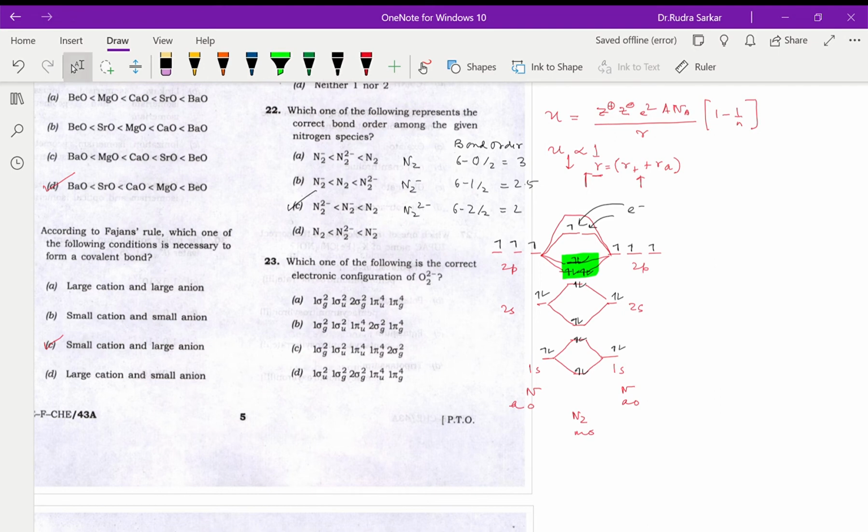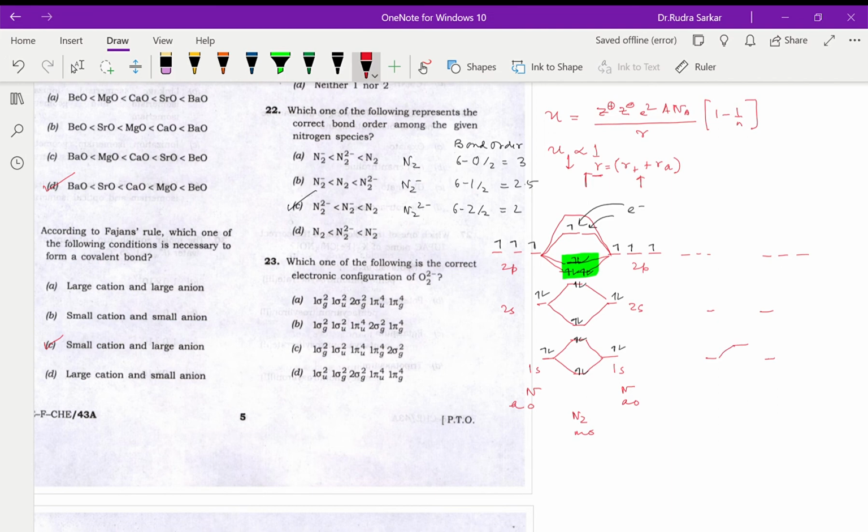Now if you want to draw the electronic configuration of O2 2 minus, question number 23: which one of the following is the correct electronic configuration of O2 2 minus? Over here we simply again draw the molecular orbital diagram. So this is 1s, here we have the 2s, and again we have the 2p.